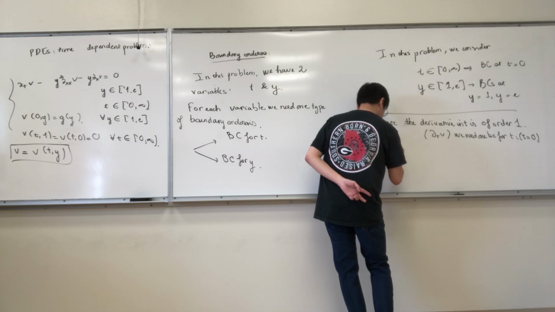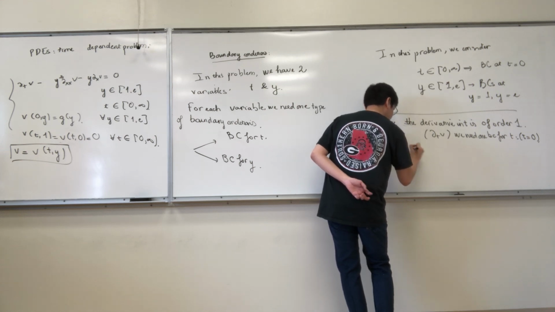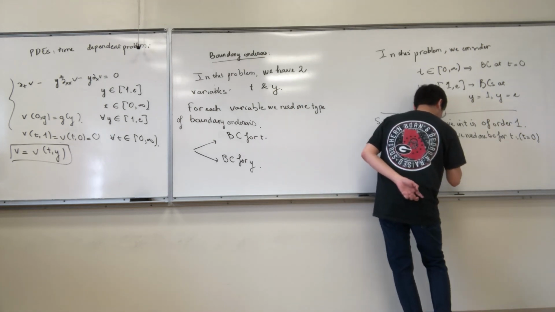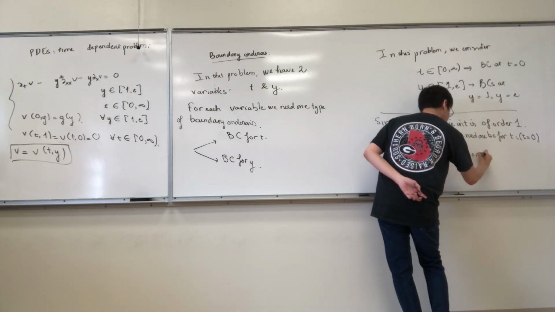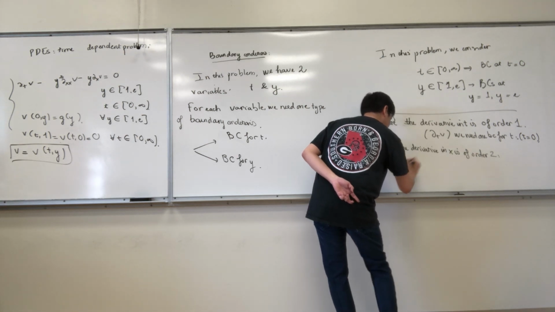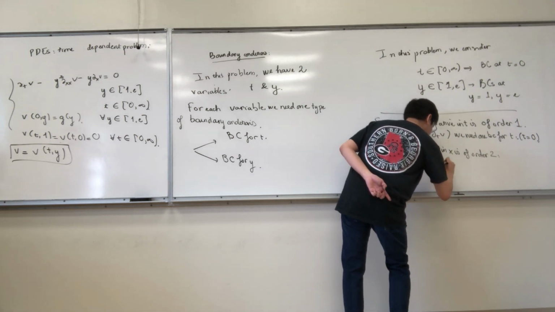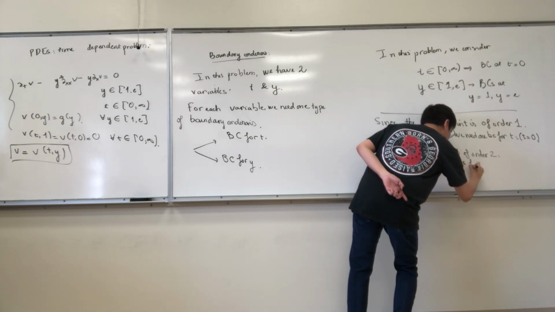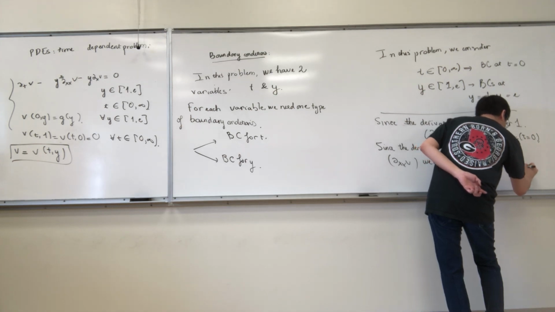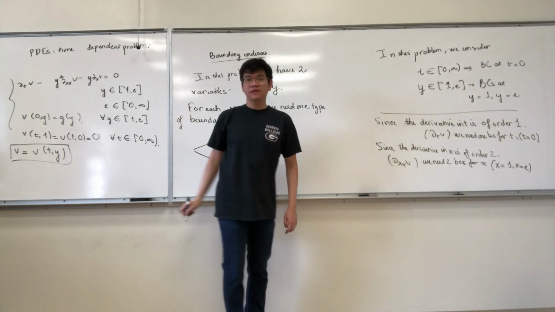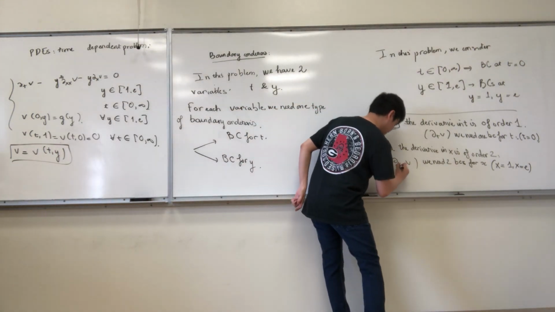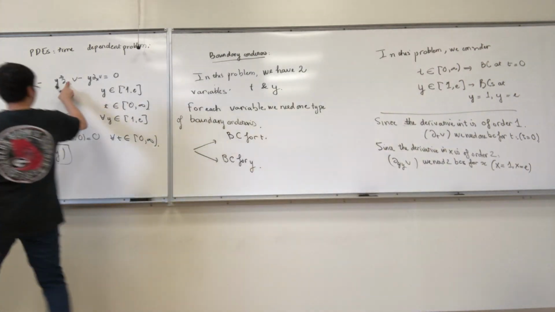Since the derivative in y is of order 2, we need two boundary conditions for y. y is equal to 1 and y is equal to e. Is it partial yy or partial xx? Partial yy. Thank you. Very good. This is partial yy.